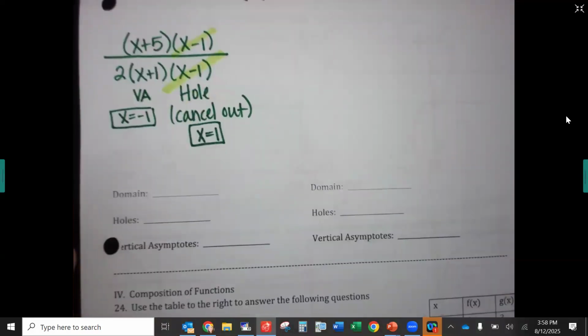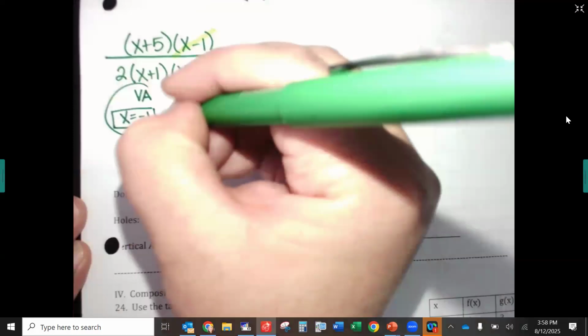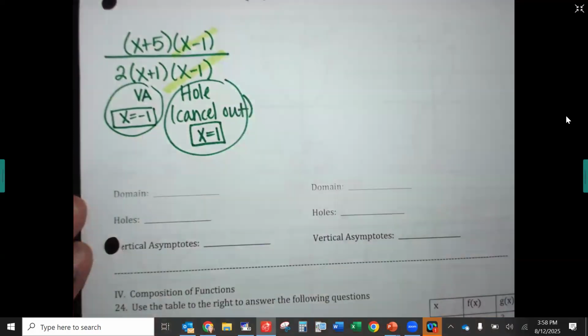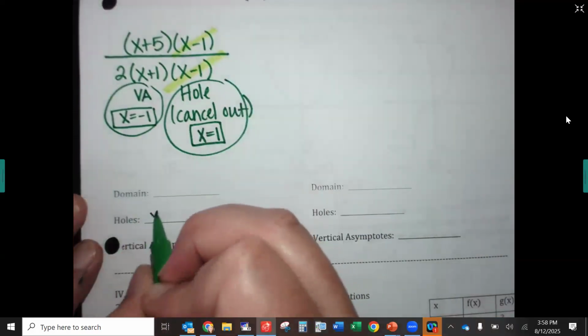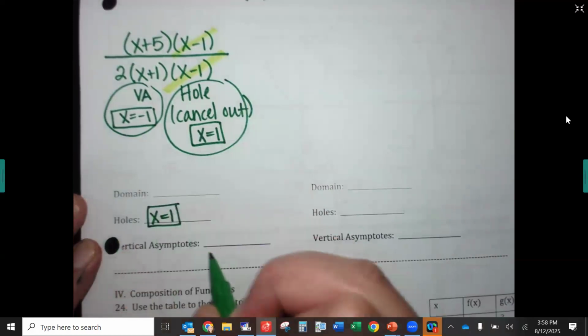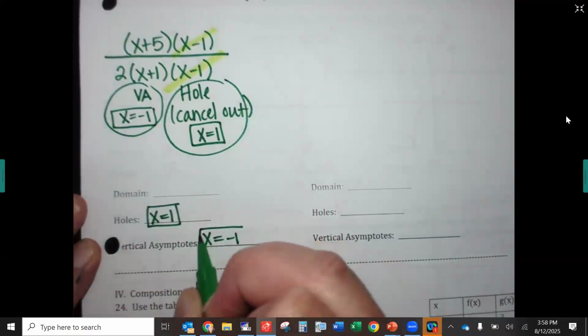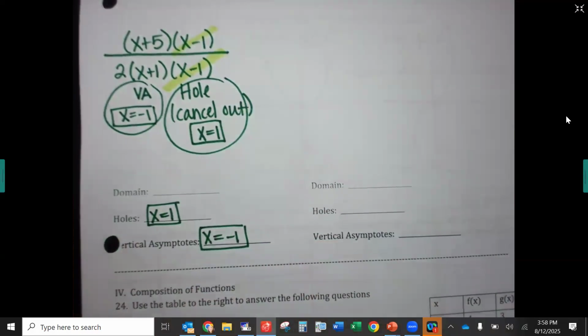Okay. So I'm going to write, since I already put my answers here, I'm going to put them in the blanks as well. So the hole was at +1 and the vertical asymptote at -1. Now, for the domain, you're listing all the X's that your graph can't touch. Your graph can't touch vertical asymptotes or holes.